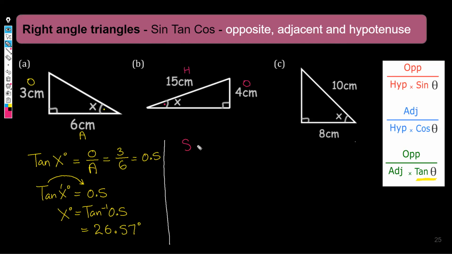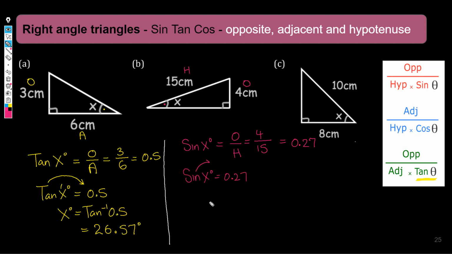Sine is opposite divided by hypotenuse. The opposite is 4. The hypotenuse is 15. So 4 divided by 15 gives 0.266666, and I'm just going to round it off to 0.27, to 2 decimal places. So sine x is equal to 0.27.